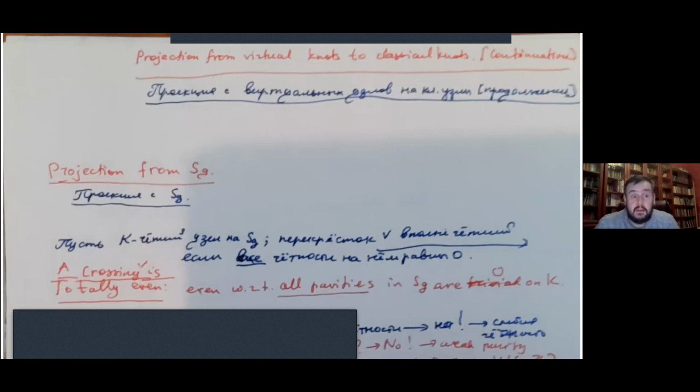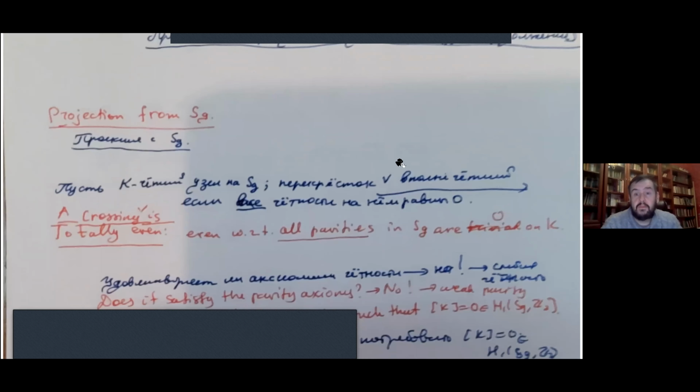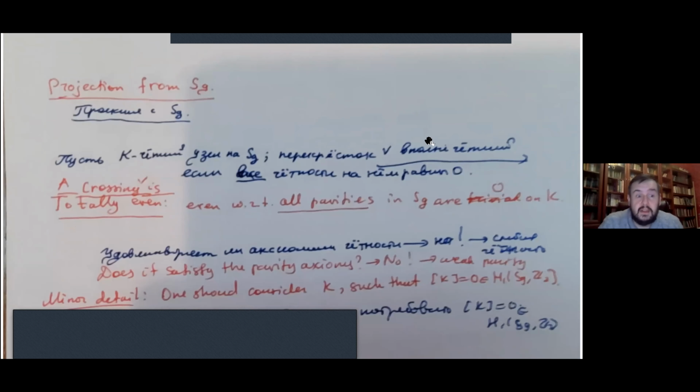Я рассмотрел четность в кольце, там есть Z2 гомологии нетривиальные. Well, but if I have some more sophisticated thing like a two surface, then this two surface has a lot of different homology classes. Если есть узел в SG, то можно рассмотреть много разных четностей относительно разных гомологических классов.